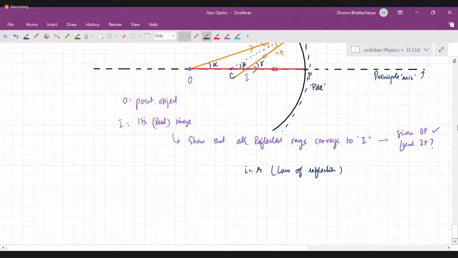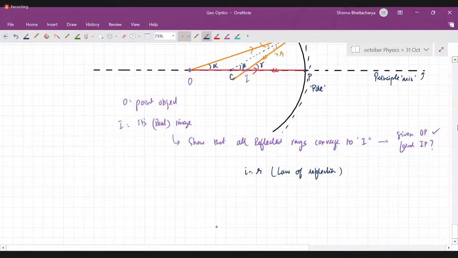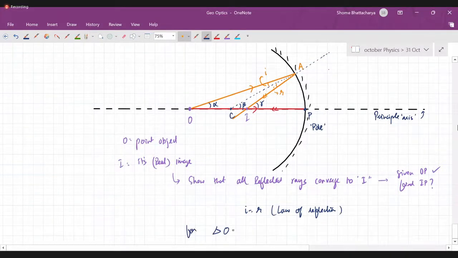Now, considering triangle OCA, you can see I and alpha are interior angles and beta is the exterior opposite angle. So beta will be equal to the sum of alpha plus I. Exterior angle is equal to the sum of interior opposite angles.